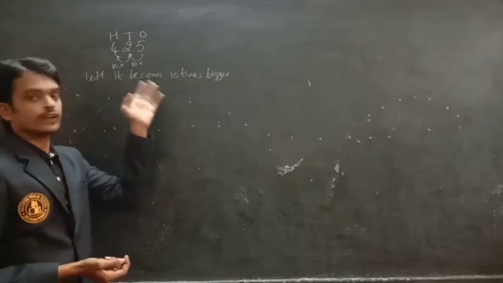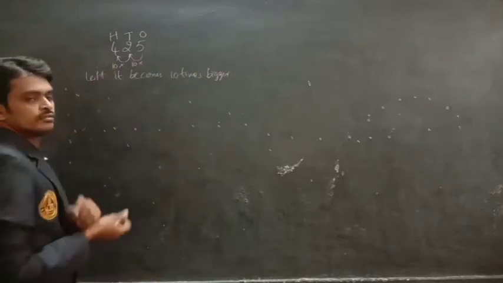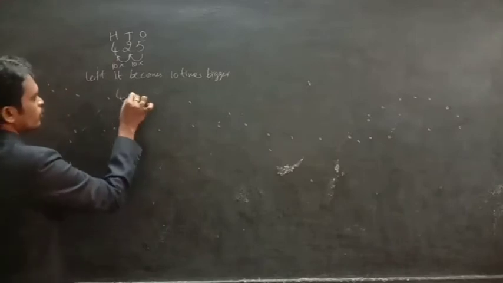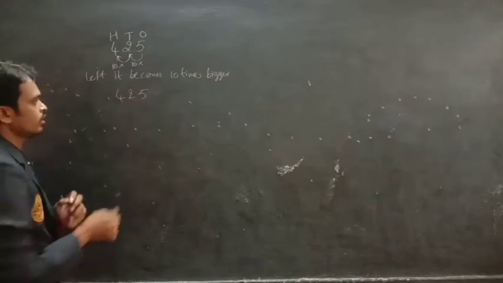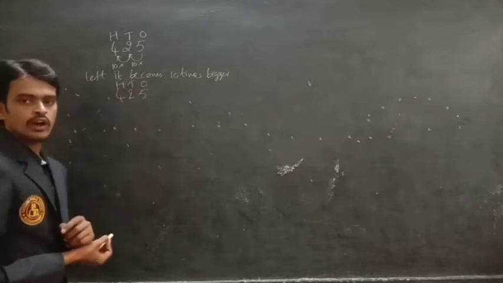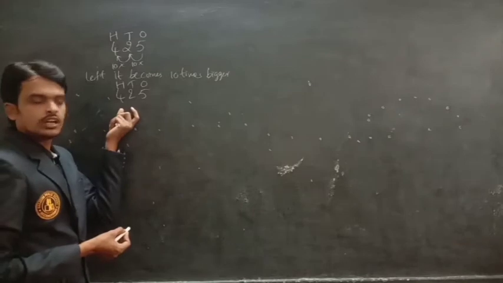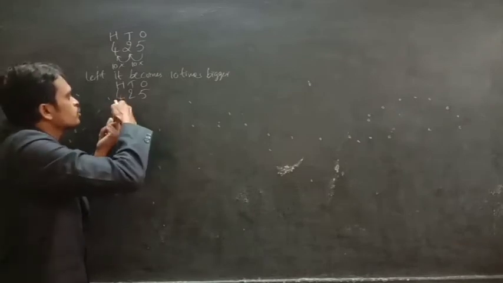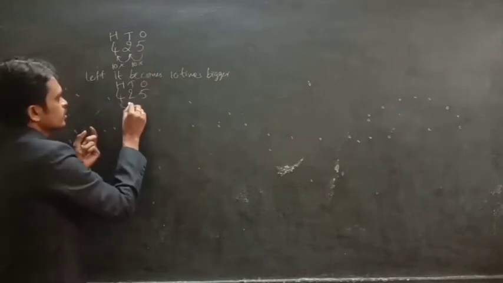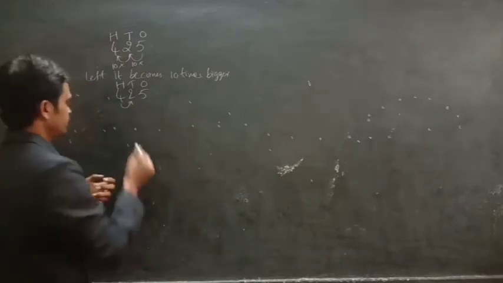Now we'll move to the right side. The same number, 425. This is the 100's place, this is the 10's place, and this is the 1's place. From the 100's place, as I am moving towards the right, I need to divide it by 10.